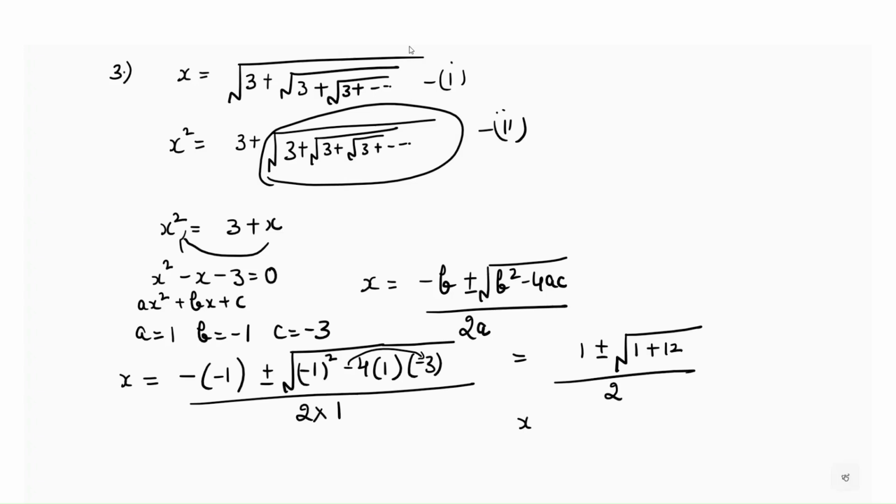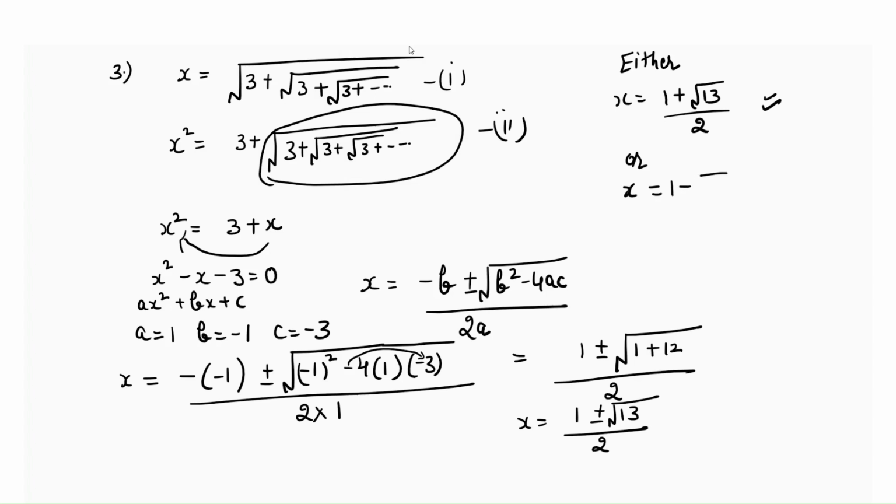So I'll get x is equal to 1 plus minus square root of 13 over 2, where you can neglect the negative value if you solve it further. So you will have two values, either x is equal to 1 plus root 13 over 2, which will give you the positive value, we'll take that, or x is equal to 1 minus root 13 over 2, which will give a negative value. This we will not consider.